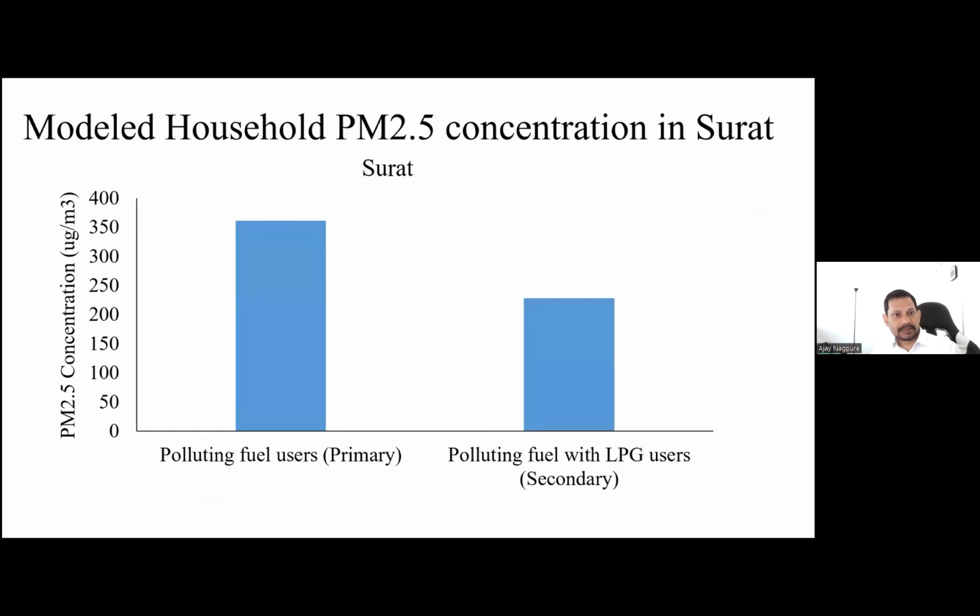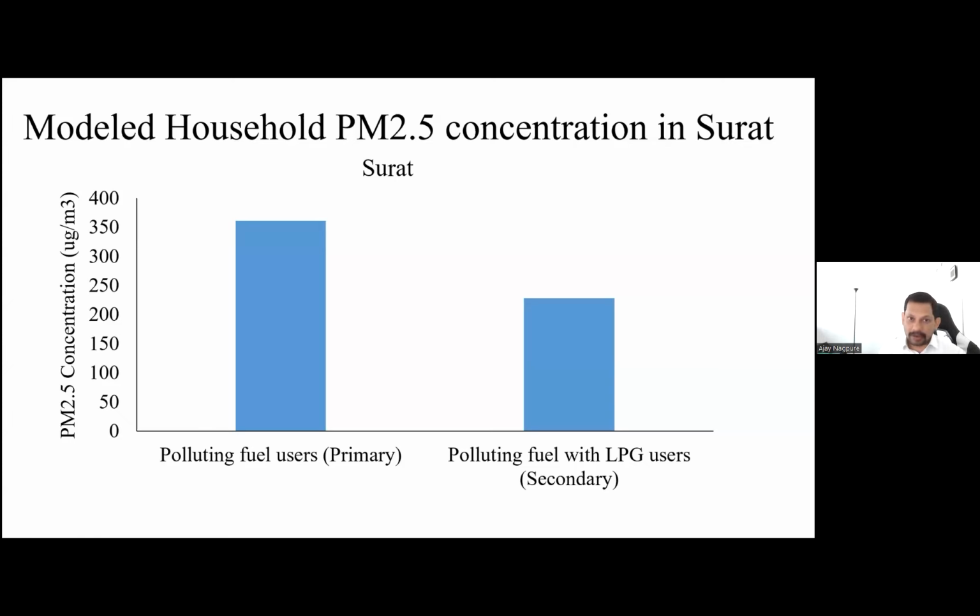And I think another important thing is that sometimes we try to assess the emissions, but if we want to assess the concentration inside the household, what we are generally using is sensor data or something like that, but sometimes we do not have this data.